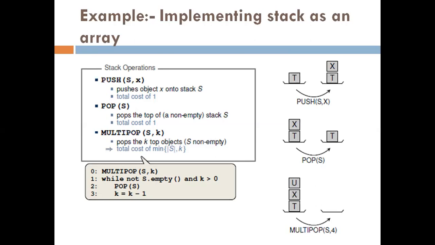In multi-pop there are two parameters: the first parameter is stack S and the second parameter is k. So in the multi-pop function we pop the k top objects. The total cost of multi-pop is the minimum of the size of the stack or k.